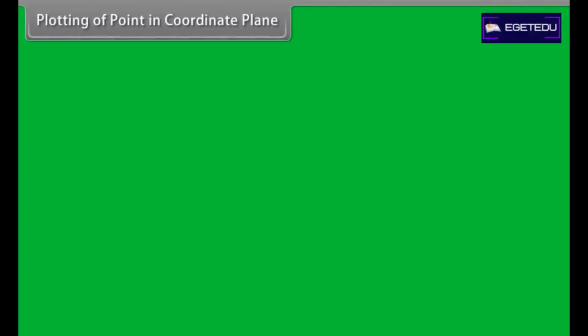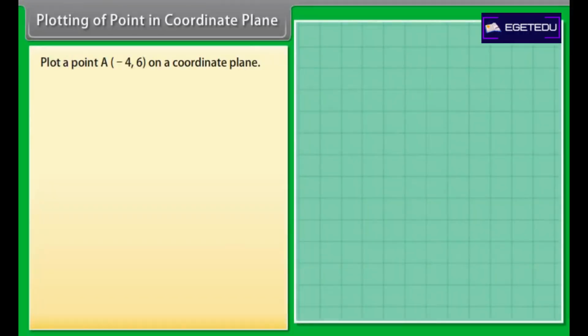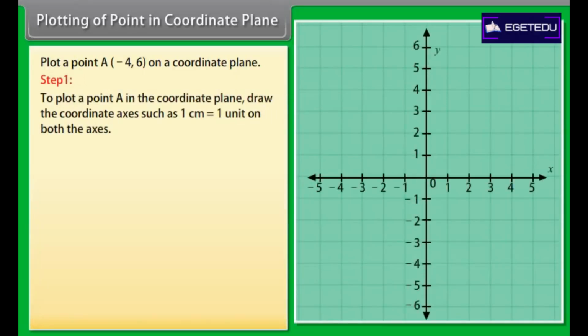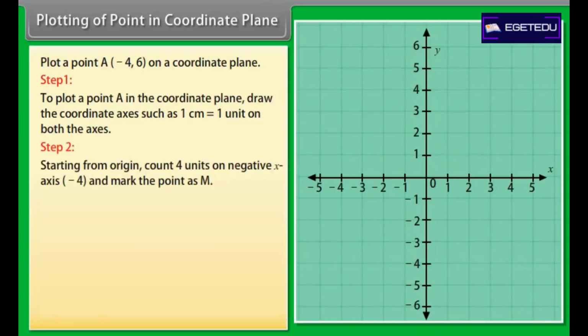Plotting of point in coordinate plane. Let us now learn to plot a point in the coordinate plane. Let us plot a point A (-4, 6) on a coordinate plane. Step 1. To plot a point A in the coordinate plane, draw the coordinate axes such that 1 centimeter is 1 unit on both the axes. Step 2. Starting from origin, count 4 units on negative x-axis, that is, -4, and mark the point as M. Step 3.